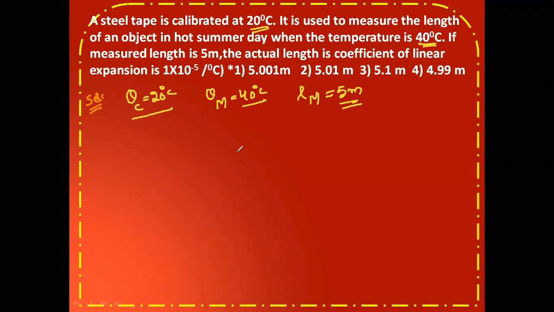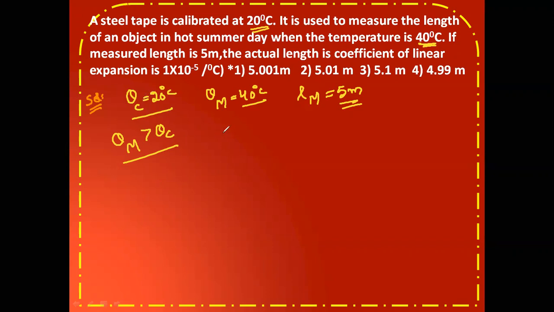As you know, if theta suffix m, that is the measured temperature, is greater than the calibrated temperature, which type of value are you getting out of the true value and measured value?